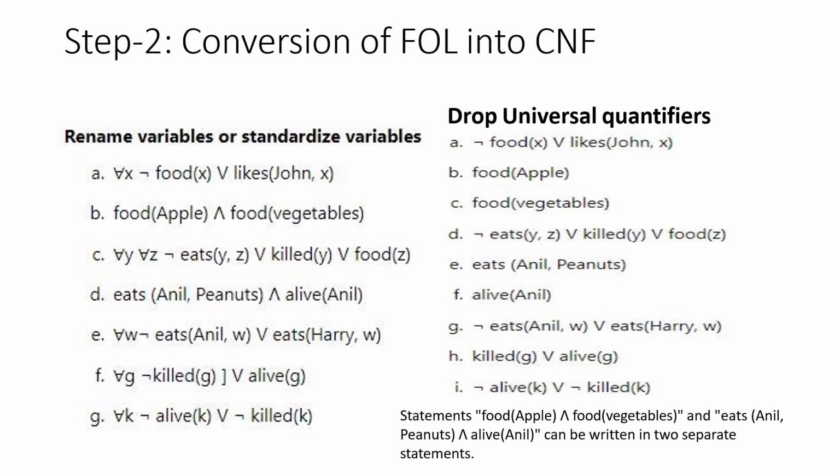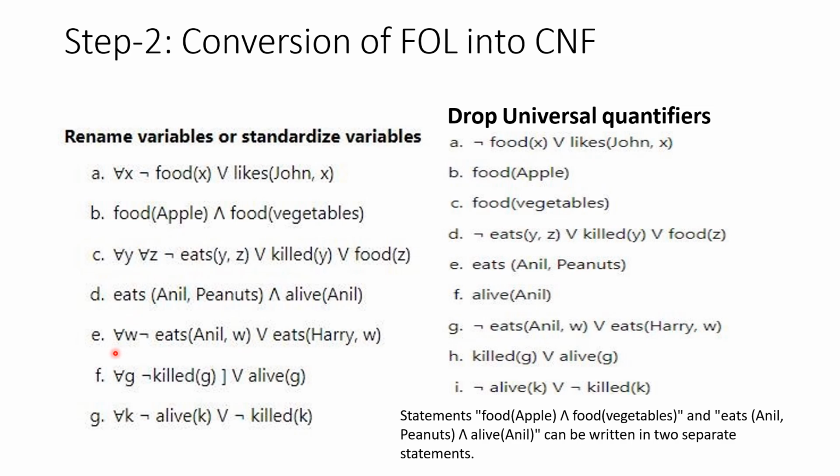Next step is to rename the variables. That means we have to give a unique variable name and standardize the variables. Here we can see in the first case there is only one variable, and in the third case we are using two variables. So x we have already used in the first one, and here in the third one we are giving y and z.